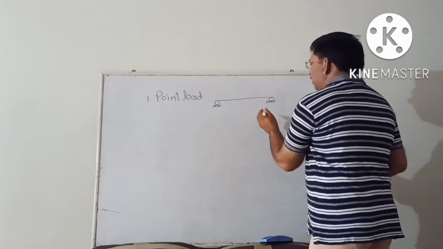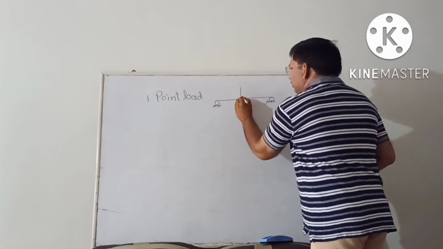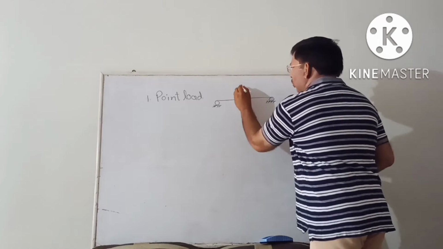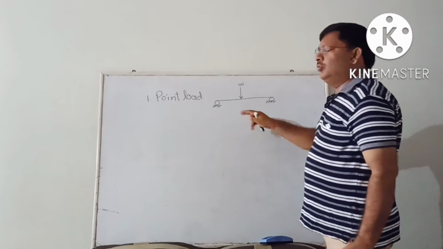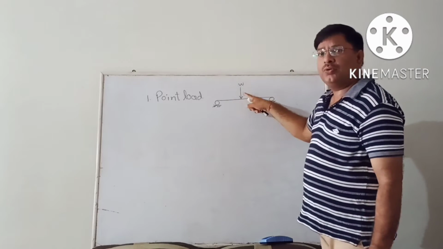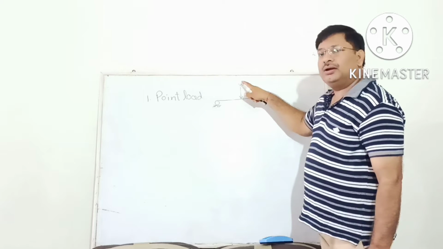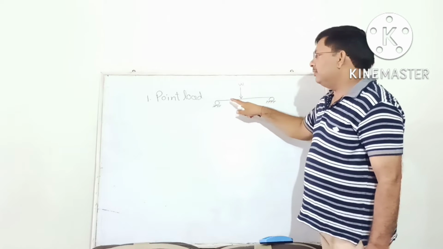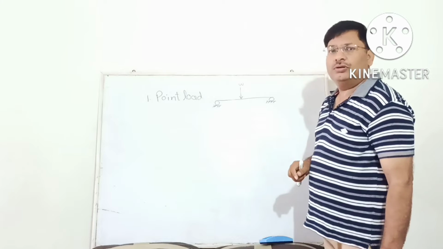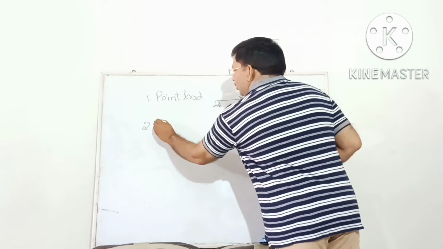It may be roller at one end and simple at other end, and this is the point load W. So a point load can be defined as a load which acts at a particular point of beam. Okay. So whenever load acts at a particular point of beam, then this type of load is known as point load.